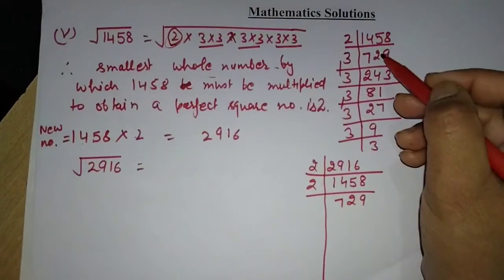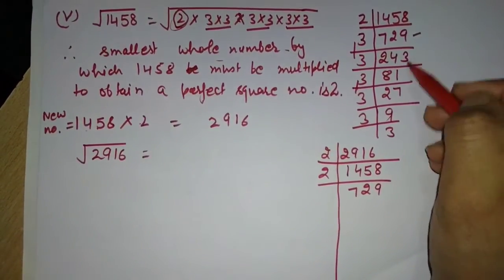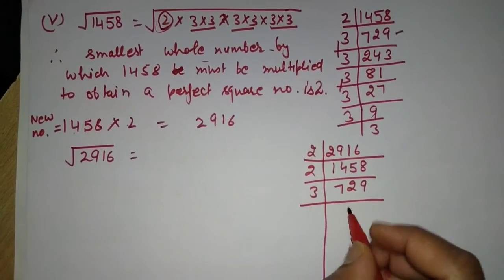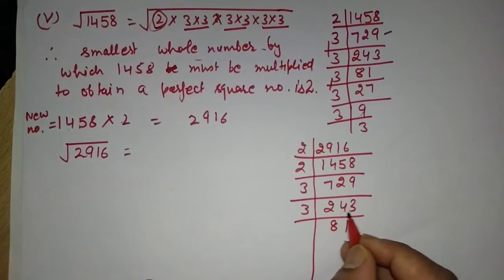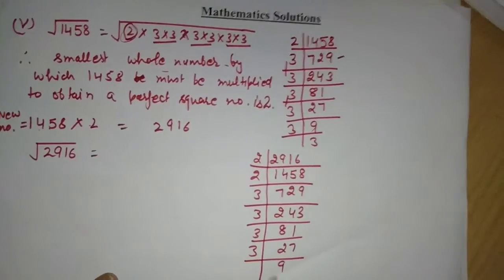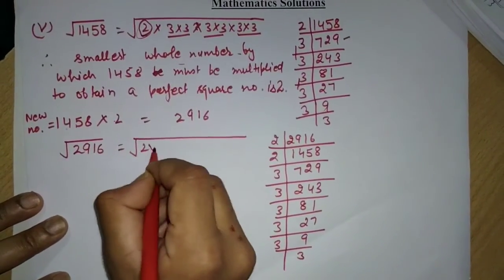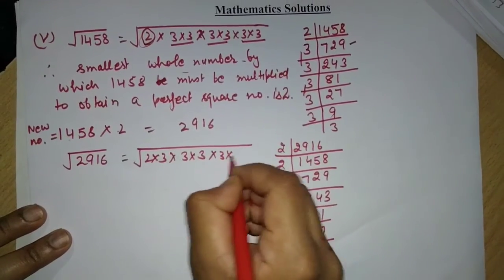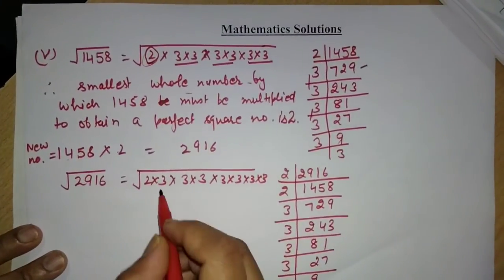Now here we again reached the number 729, so we can quickly write its prime factors from the above part. 3 8s are 24, 3 1s are 3, 3 2s are 6, 3 7s are 21, 3 9s are 27, 3 3s are 9. Now all the prime factors can be written in pair form.